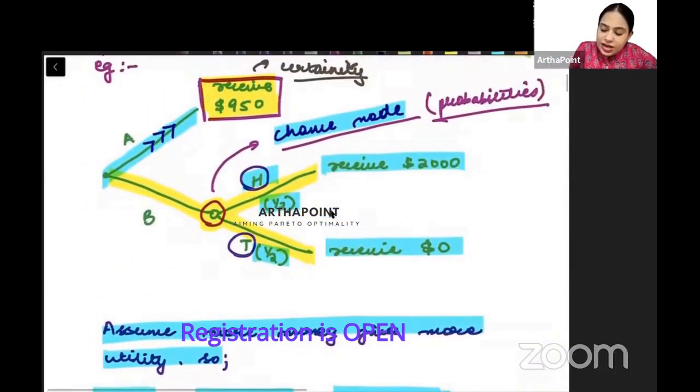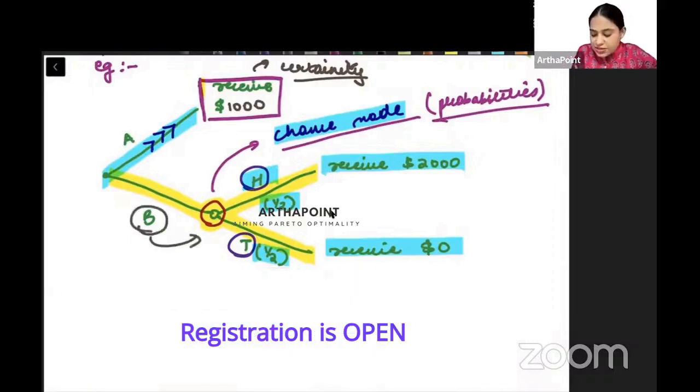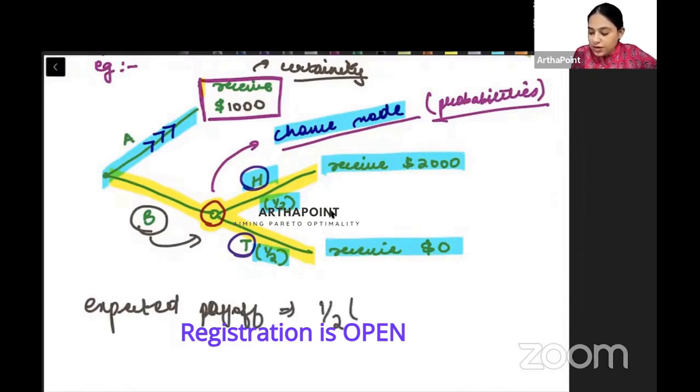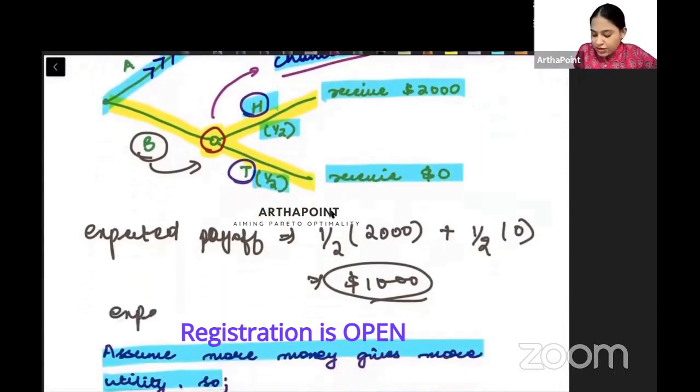For example, suppose I would have said that the payoff is 1000, I am receiving 1000, then we would have seen that outcome number B, if I find out the expected payoff, the expected payoff will come out with probability half I am getting 2000, and with probability half I am getting 0. That means the expected payoff will be 1000. And here also I am receiving, यहाँ पे भी इसका जो payoff रहेगा that will also be 1000.